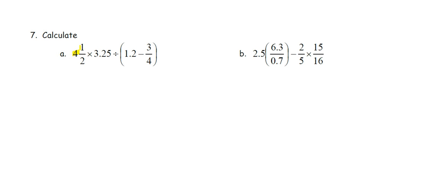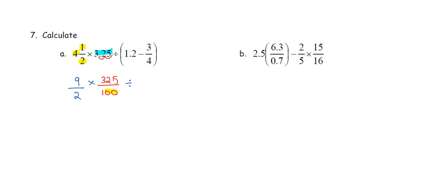If I have 4 1/2, let's change that to an improper fraction. That's simply going to be 9/2 times 3.25. If we change that to a fraction, we need to move the decimal spot 2 spots over, so this will be 325 divided by 100. If we move the decimal spot over 2 spots, I need to have 2 zeros on the denominator.